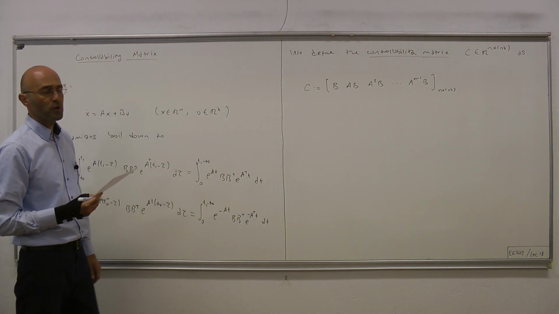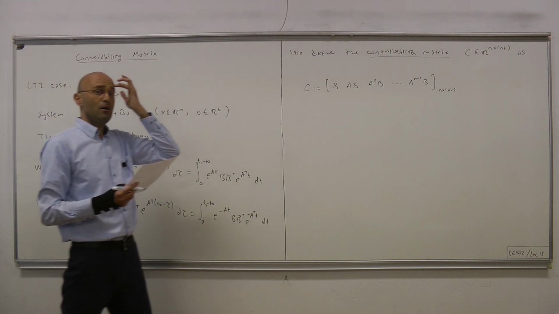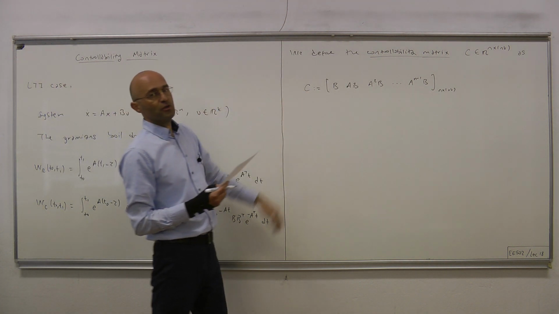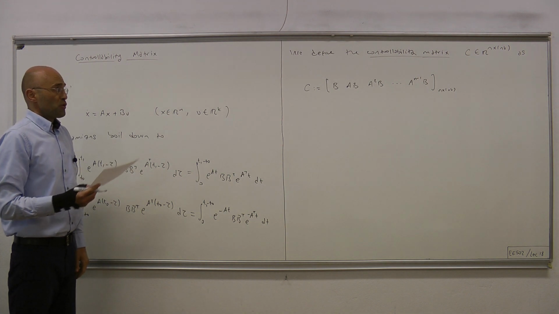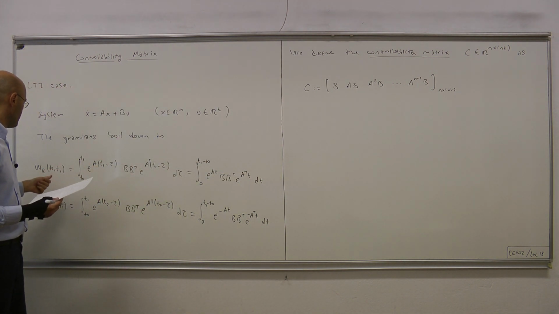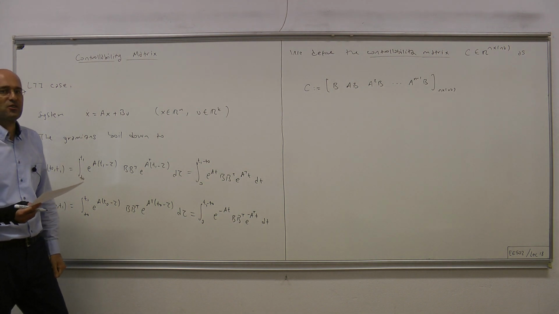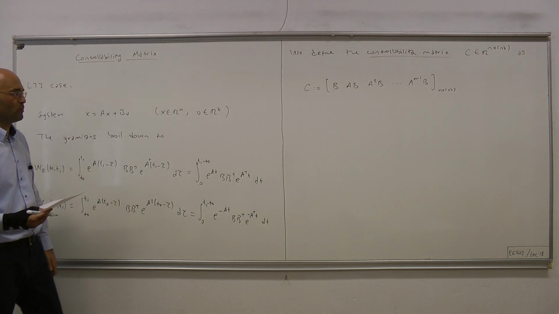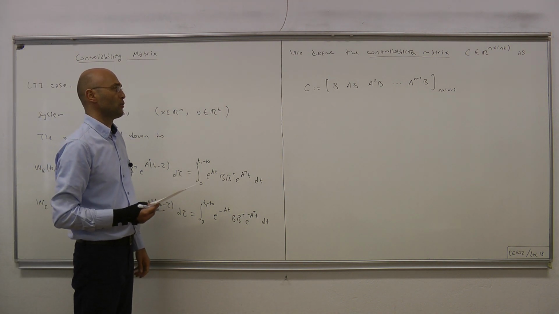Now in our next result, we're going to investigate certain properties of this matrix in relation to the reachable and controllable subspaces, and in particular the reachability and controllability Gramians.